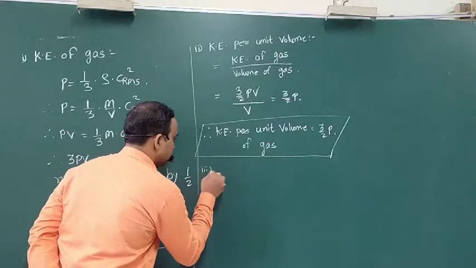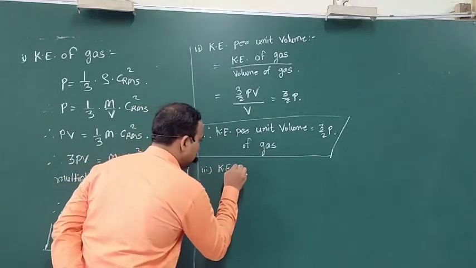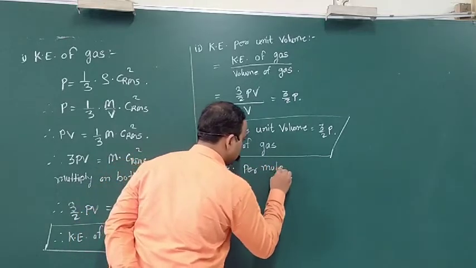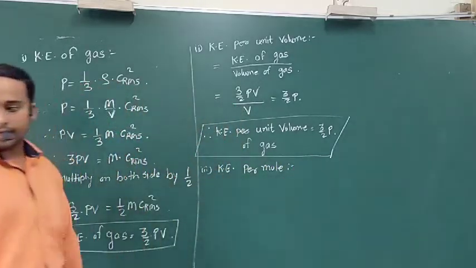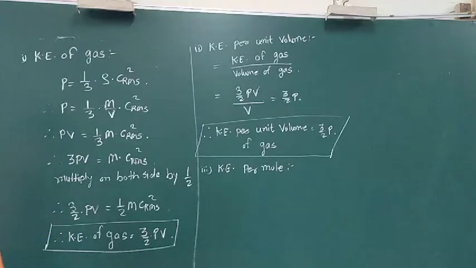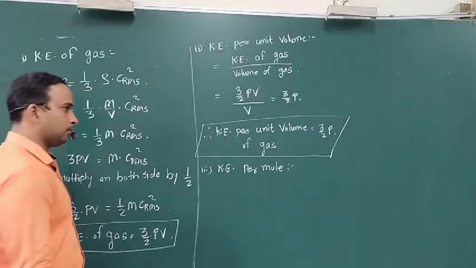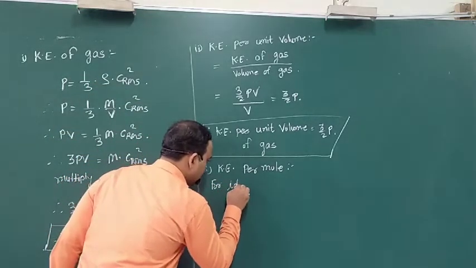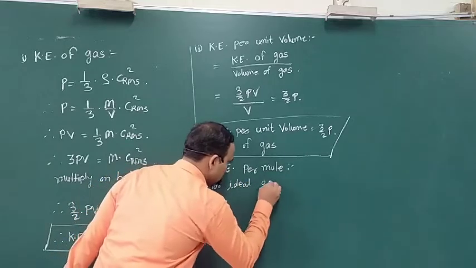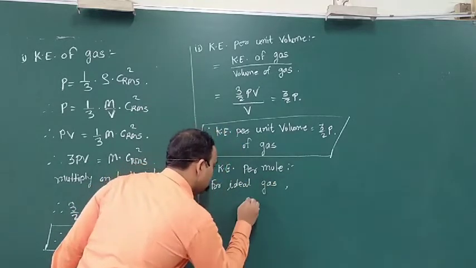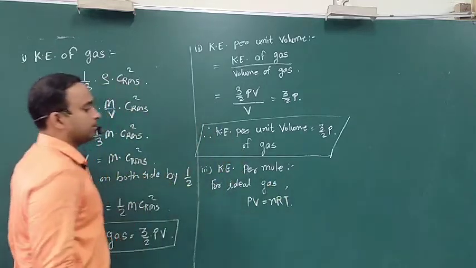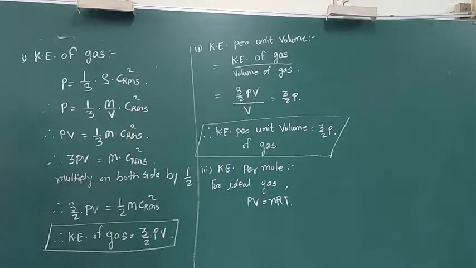Kinetic energy per mole. We know that for an ideal gas, the ideal gas equation is PV equals nRT.